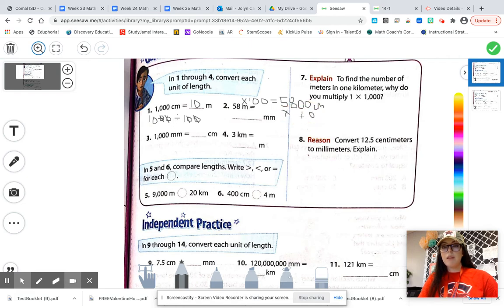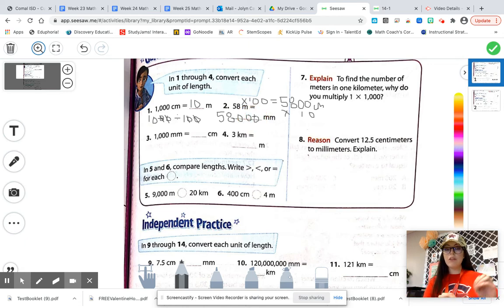Since I'm multiplying by 10, we did hundreds here, tens here, I'm just going to add a 0 to this original number. So now I have 58, our original, and I have 1, 2, 3 zeros to add behind it. So it'd be 58,000 millimeters.